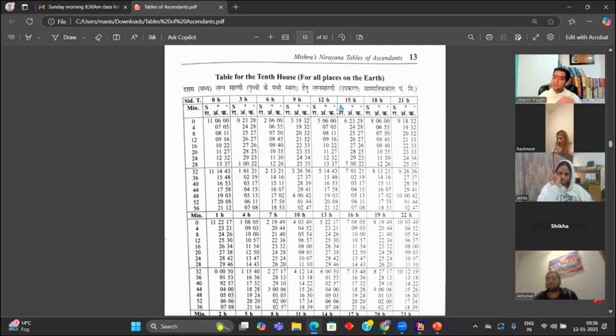Even Brihat Parashara Hora Shastra mentions that these signs are small. Virgo is a very large sign comparatively to Aries. It spans at least 35 degrees. So all these divisions that we have done as equal are just to make our calculation simpler and easier. But space is not bound to us.